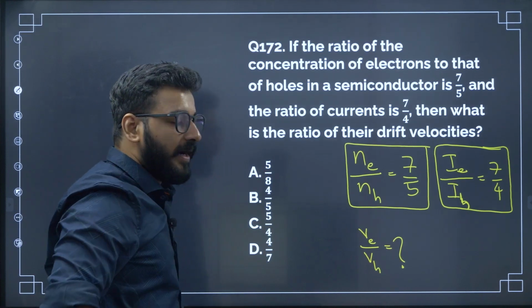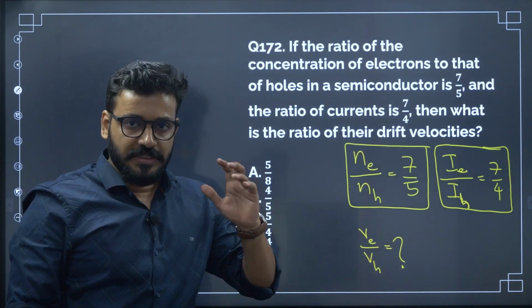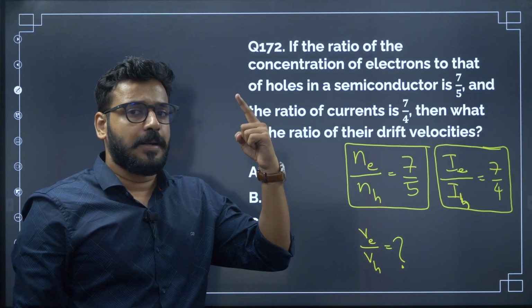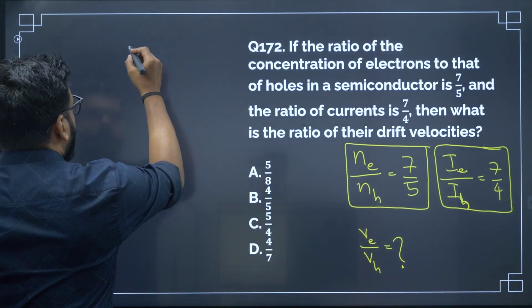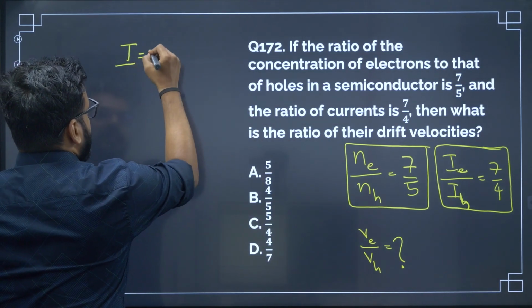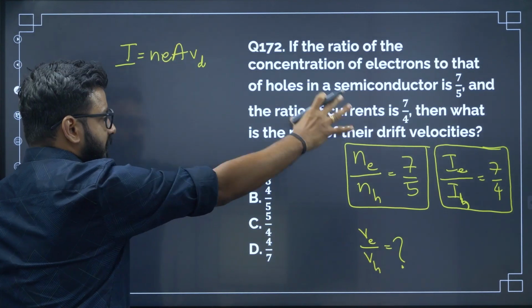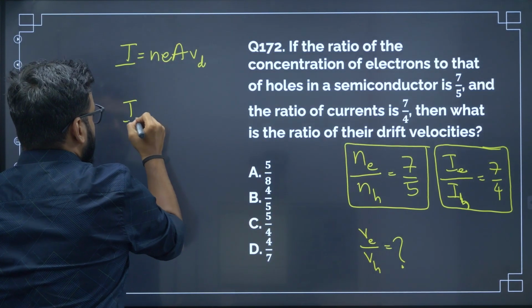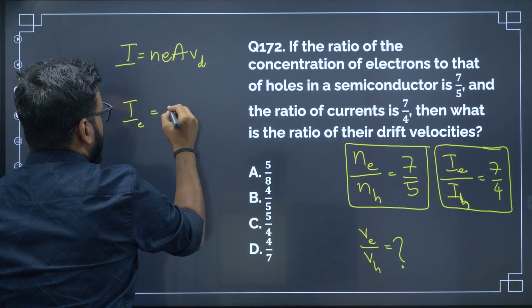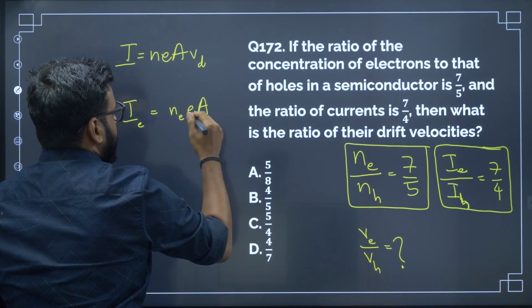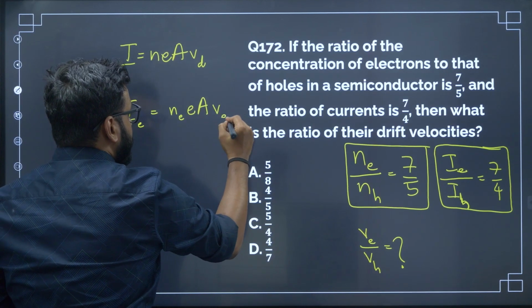Now, a lot of you might be kind of startled with this question in the beginning, but just get reminded of your current electricity chapter, that particular formula where I is given as nEAVd, drift velocity. Now apply this in this case. So current through the electrons is equal to number of electrons, charge, area and drift velocity of electrons.